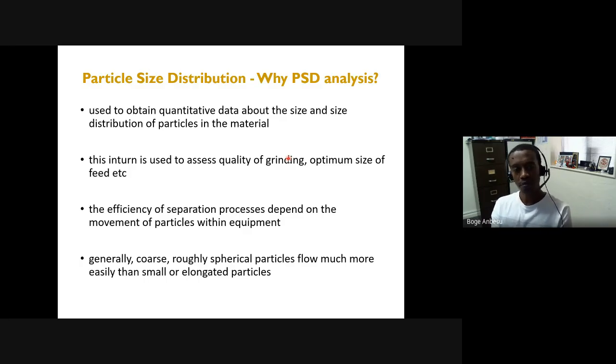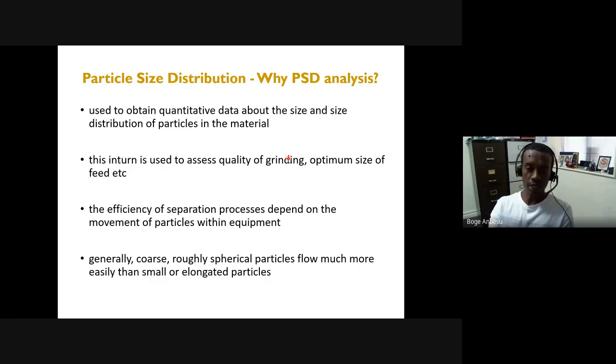If you're just bringing the material as soon as you mine it, there is a significant variation in what comes to the mill. So when you do milling, your particle size distribution varies greatly, your P80 varies greatly, and therefore you need to keep an eye on what's going on. The best way to do that is, of course, particle size distribution.